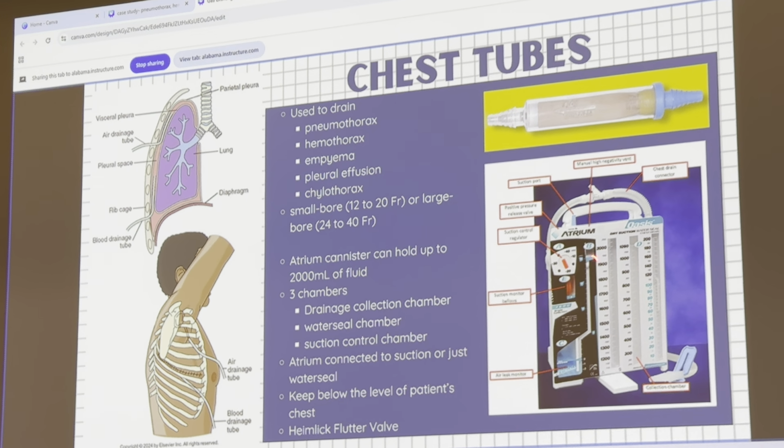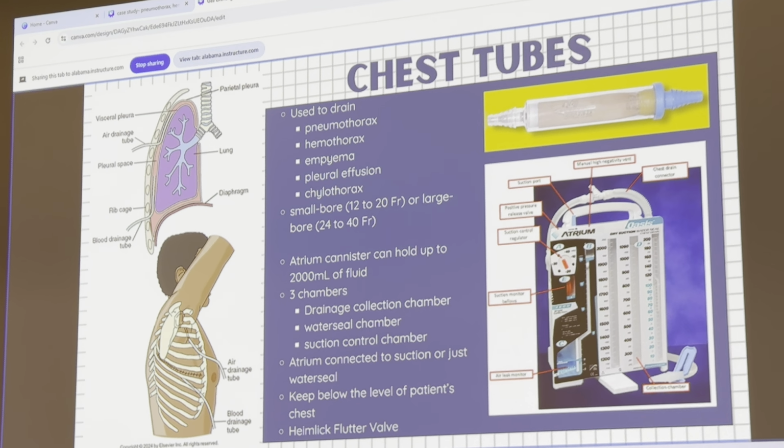Then you have this little orange accordion right here that's going to show if your suction is adequately working, your wall suction is connected appropriately and adequately causing that suction or seal. And this is how we control the amount of suction that's going to occur. So it's -10, -20, -30. Everything is usually set at -20 to start with.